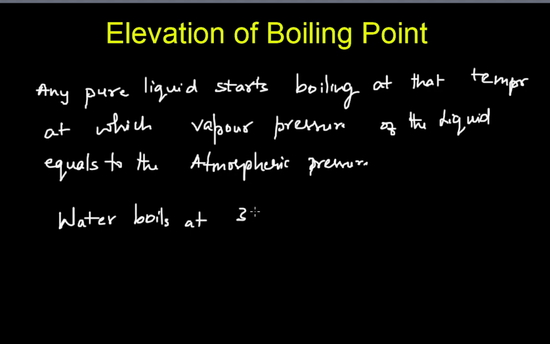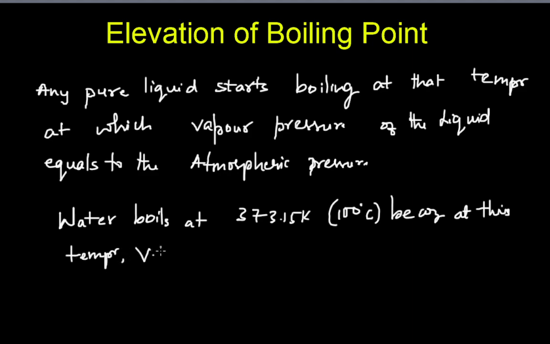For example, water boils at 373.15 Kelvin or 100 degrees Celsius because at this temperature the vapor pressure of water is 1.013 bar or 1 atmospheric pressure. So since the vapor pressure becomes equal to the atmospheric pressure, water starts boiling at this point.